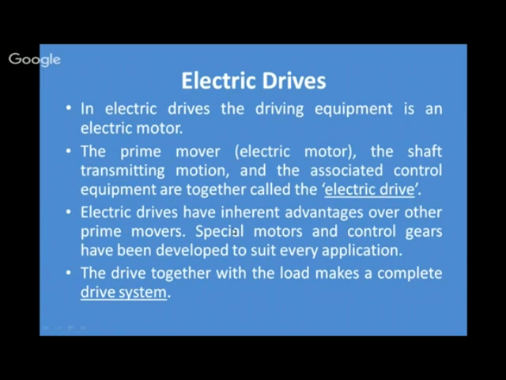So electric drives have various advantages, like they can be used in different applications with different specifications of power or gears, and can be easily varied in speed as well as torque.